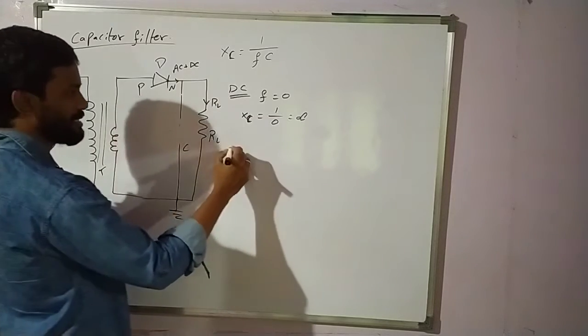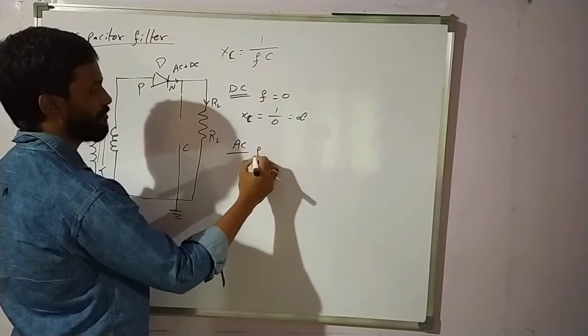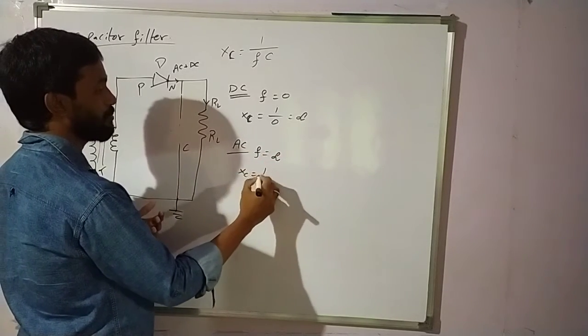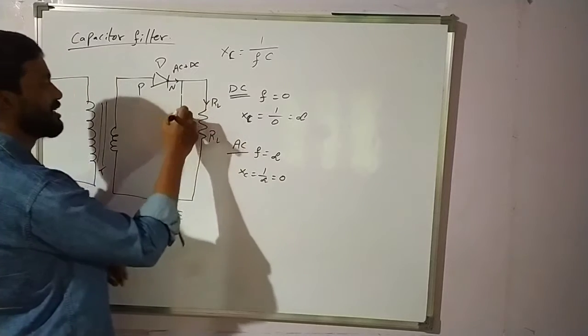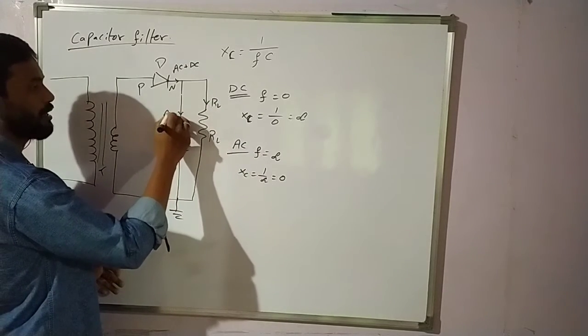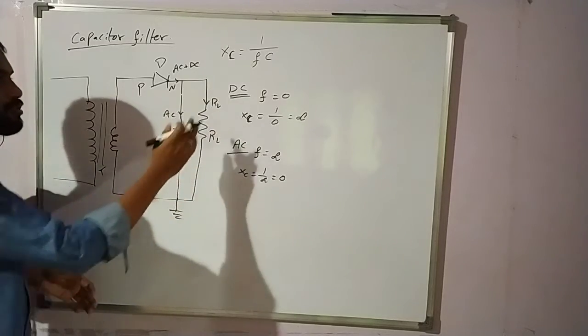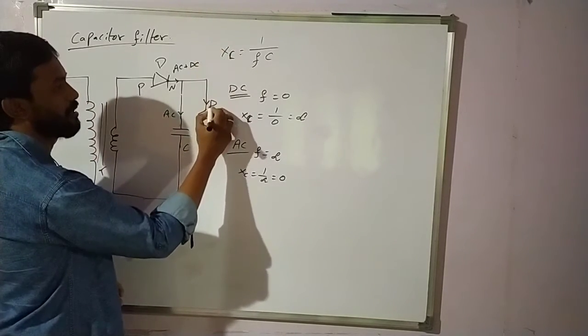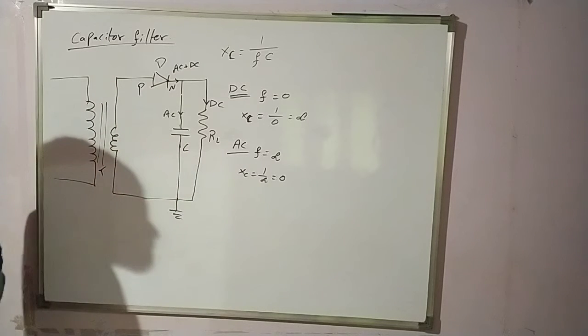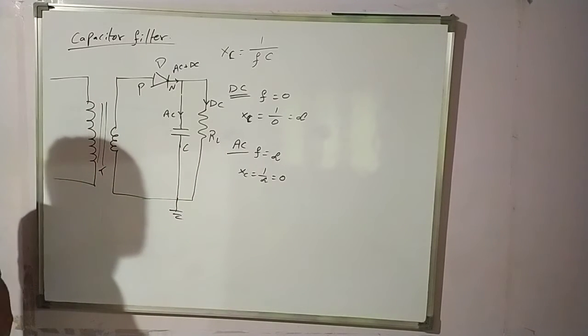When AC is there, F is something, let it be infinity. So XC is 1 by infinity, which is 0, meaning it allows the AC component to pass through the capacitor, and the DC component will pass through the RL resistor. So you will get a very low ripple factor and higher efficiency. So find out the ripple factor of this.